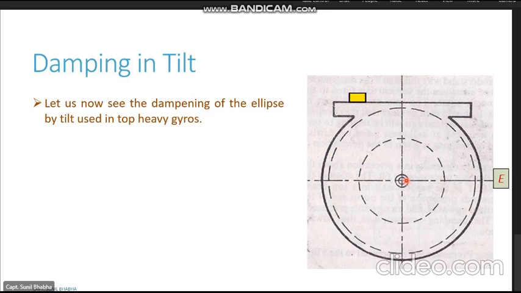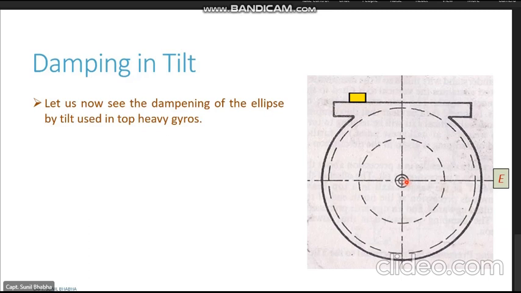You are looking at the spin axis from the south end side. So the end of the spin axis which is going into the screen is the north end of the spin axis, and the end coming out of the screen towards you is the south end of the spin axis.